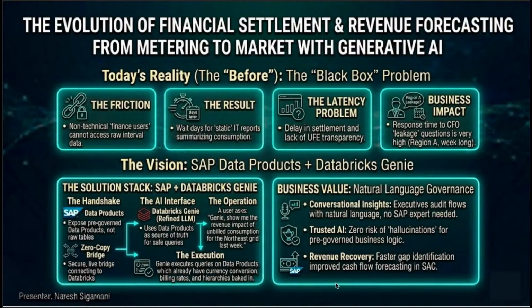Instead of days of SQL, you get an answer in a second because the AI is grounded in pre-governed logic. It can't hallucinate business rules. It uses the CFO's own definition to generate the trusted answer. This leads to faster revenue recovery and more accurate forecasting in SAP Analytics Cloud or any reporting solution.